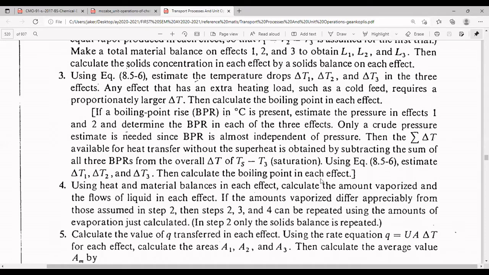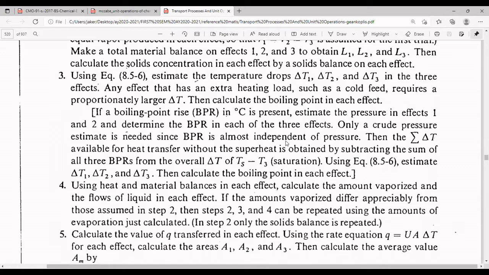And that would make it easy for the one who's going to go through your work to check it, because you will all have the same starting point, rather than each of you having to estimate the pressure in each of the effects and then have your own BPRs.